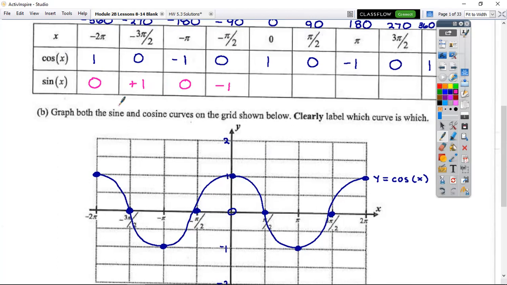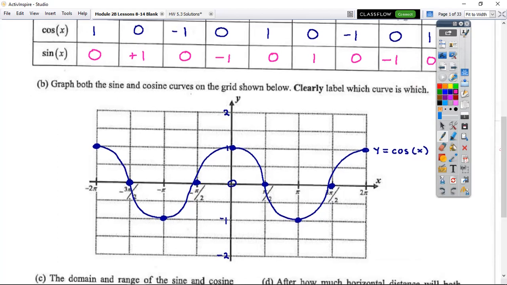I have the sine of 0. Excuse me, that's at 0. And then 1. Excuse me. 0. -1 and 0. Go ahead and plot those. We get these at 1.